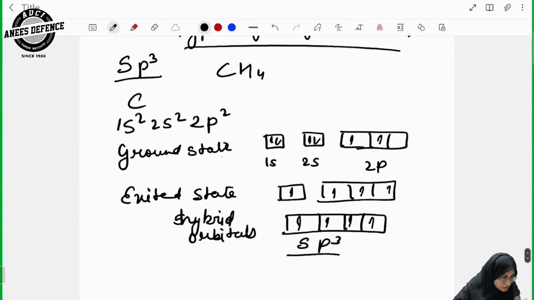This is the ground state, excited state, and now they become hybrid orbitals, with 1s and 3p. So it is called sp3.